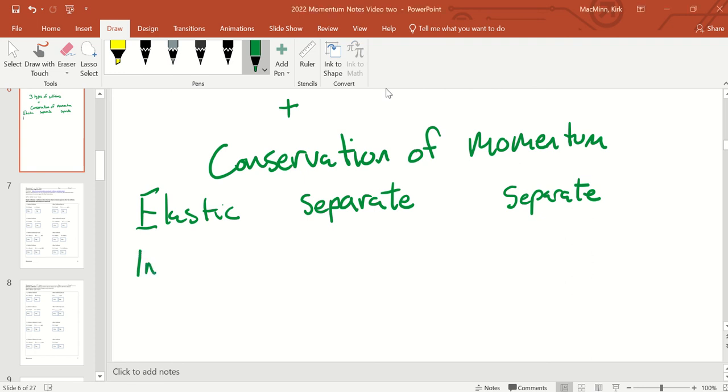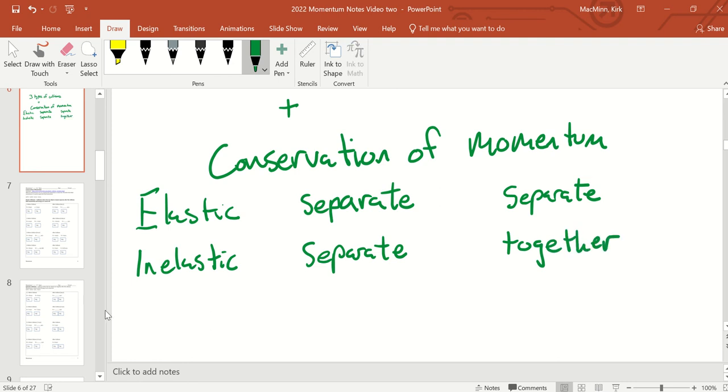Inelastic, start separate, end together, and recoil. Start together and end separate.